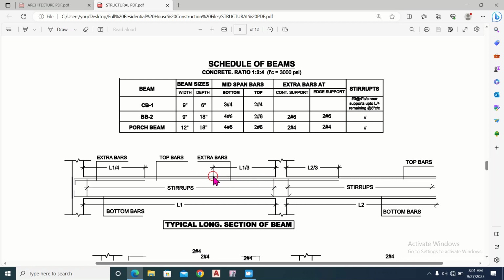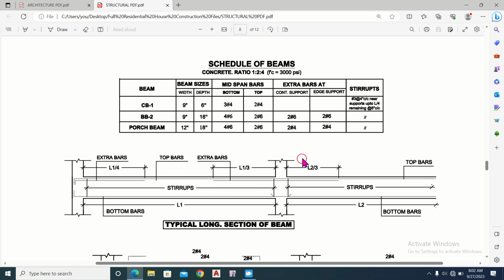So from here to here, it is the length of the beam divided by 3. This is the continuous support, and at the edge we have to provide the length of the beam L divided by 4 to provide the negative reinforcement at the top, and this is the main reinforcement at the top. It is the continuous reinforcement.